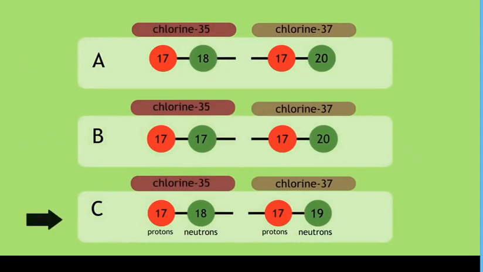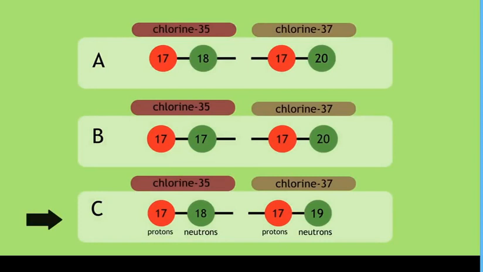Okay, so you can check to say how many neutrons are there in chlorine-35 and how many neutrons are there in chlorine-37. If you look at the mass number and the atomic number, you'll be able to determine it, because observe the red number, that's the atomic number, that's the number of protons.